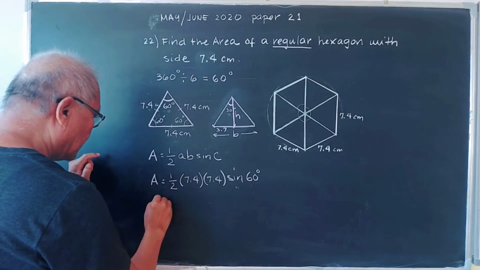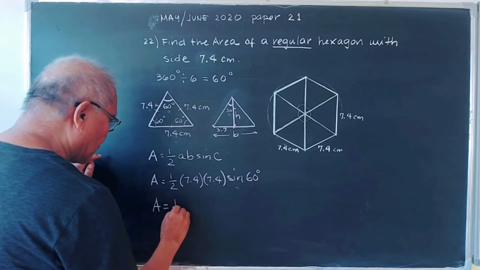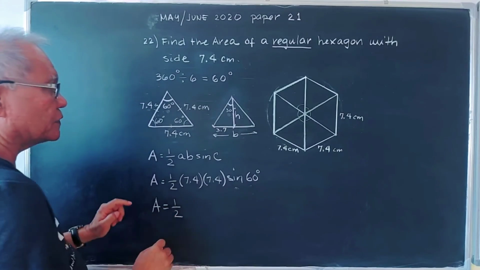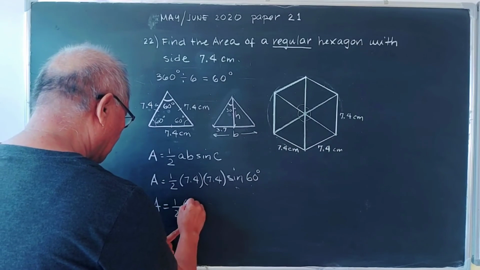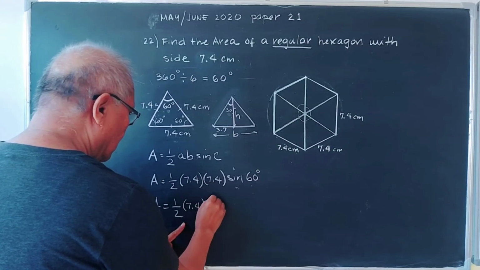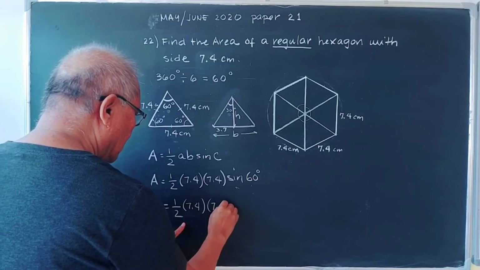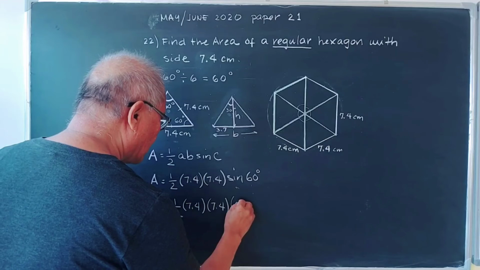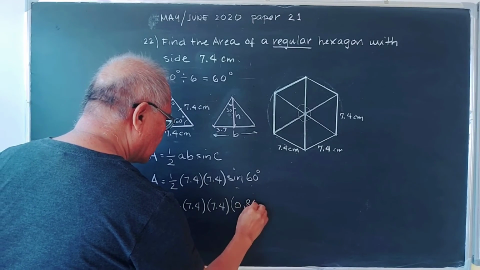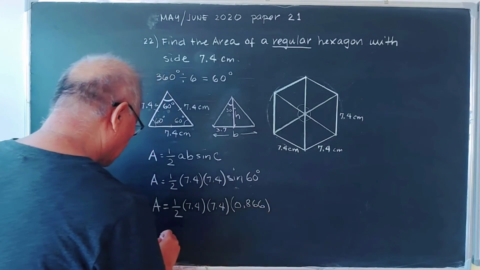So we have area of one triangle is equal to 1/2 times 7.4 times 7.4. Now let us get the sine 60. Sine 60 is 0.866.